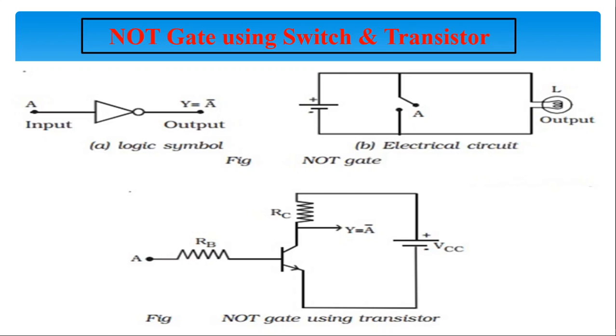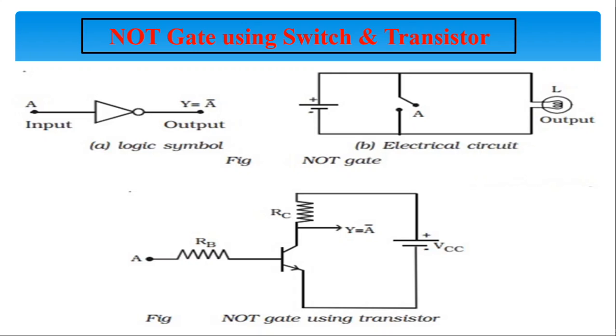To implement simple NOT gate or inverter, the open switch corresponding to logic 0 turns the lamp on, indicating logic 1. The closed switch corresponding to logic 1 turns the lamp off, indicating logic 0.